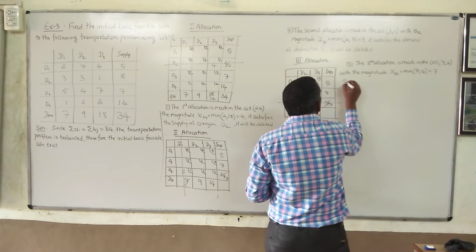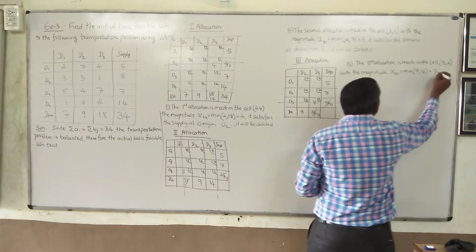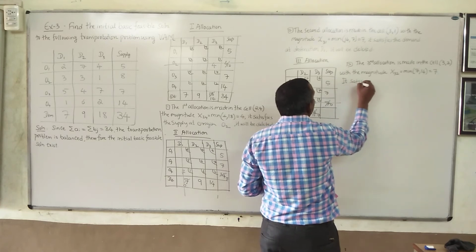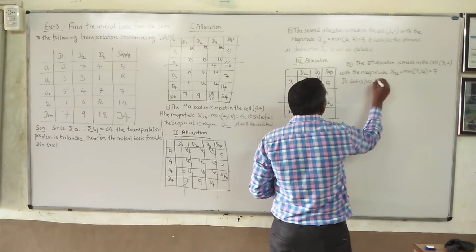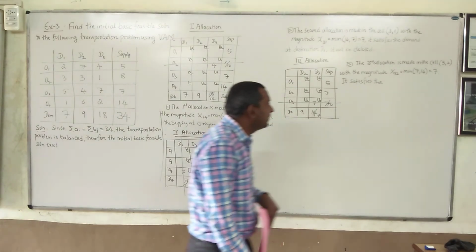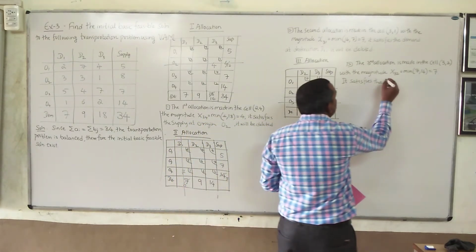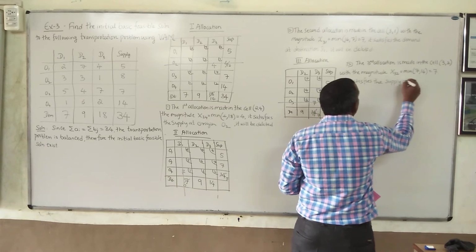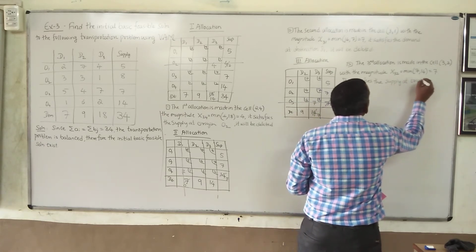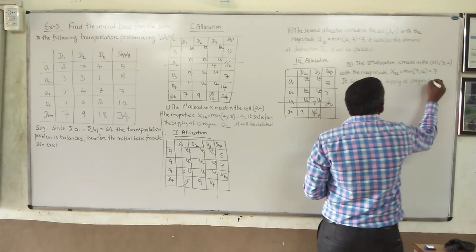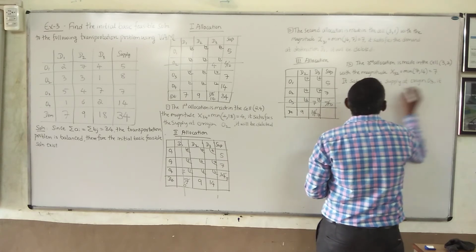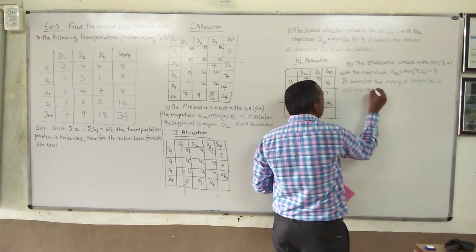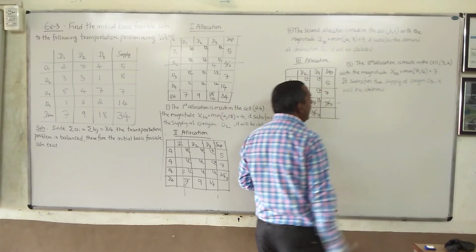So 7 satisfies the supply at origin O3, so it will be deleted.